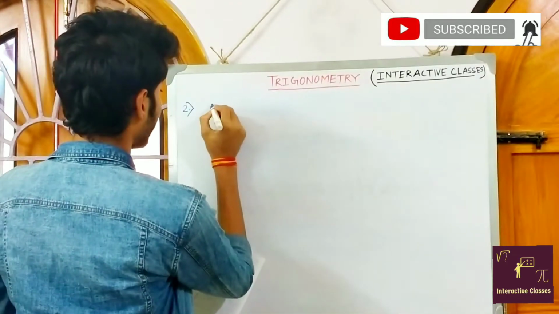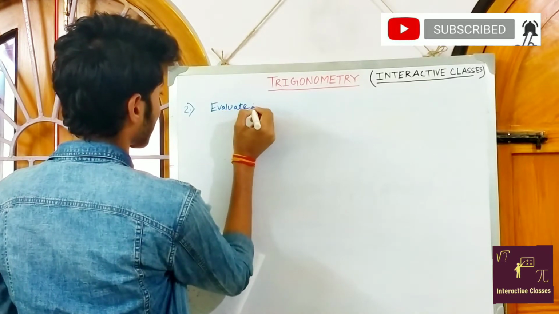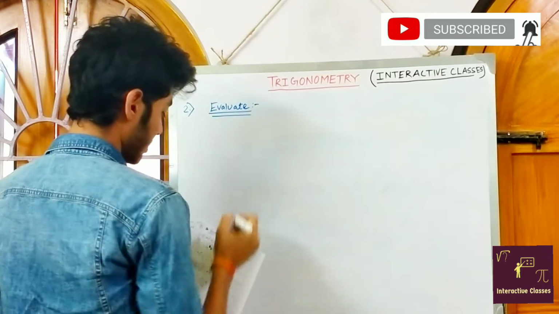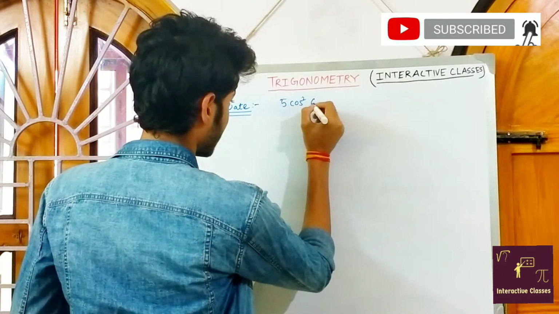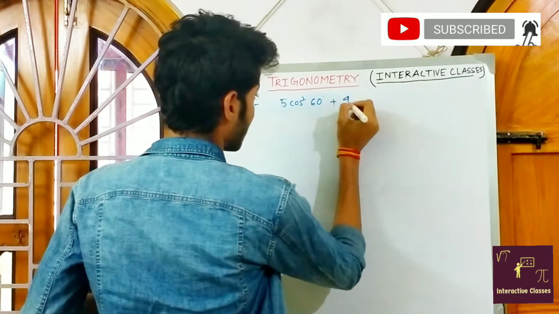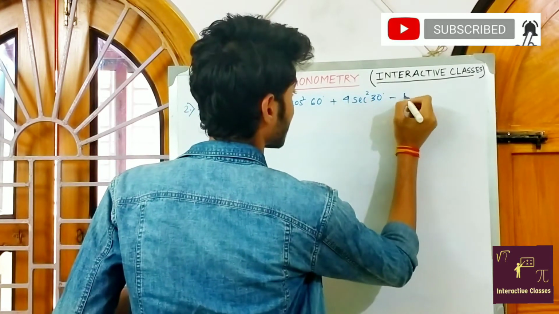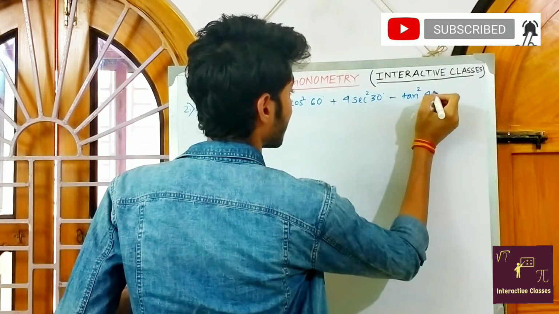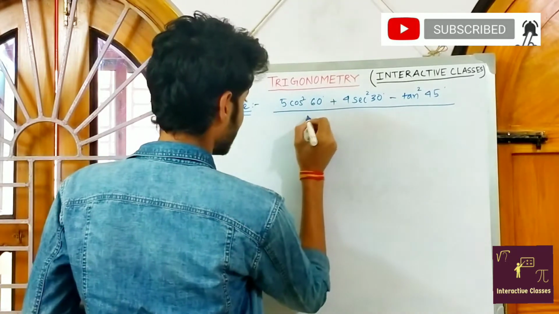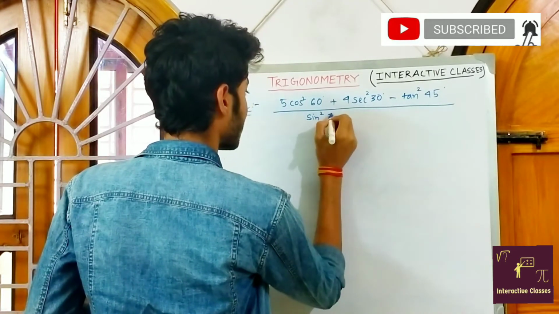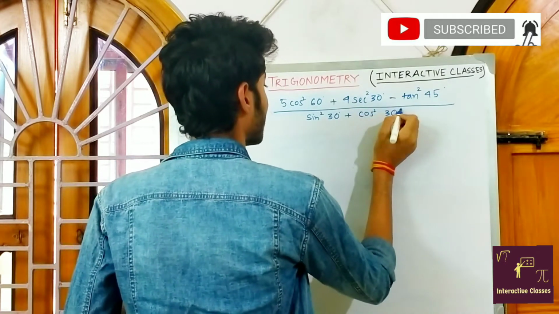Evaluate 5 cos square 60 degree plus 4 sec square 30 degree minus tan square 45 degree, divided by sin square 30 plus cos square 30.